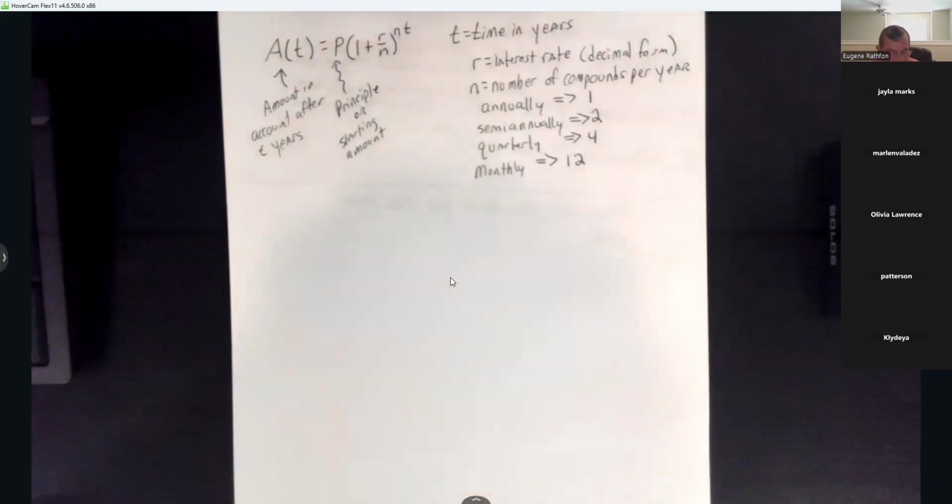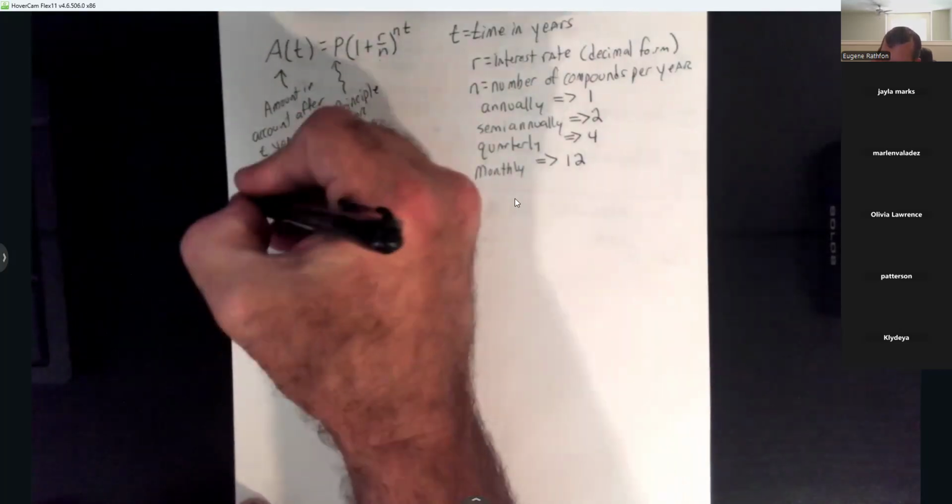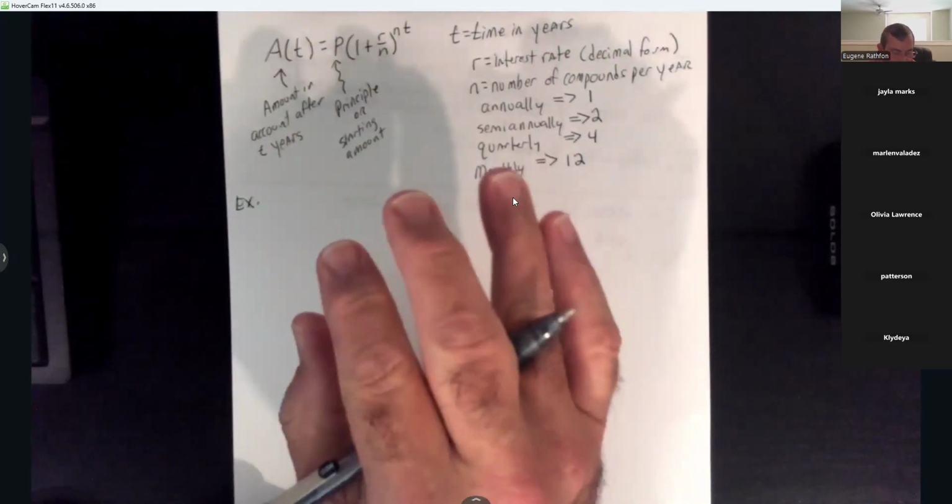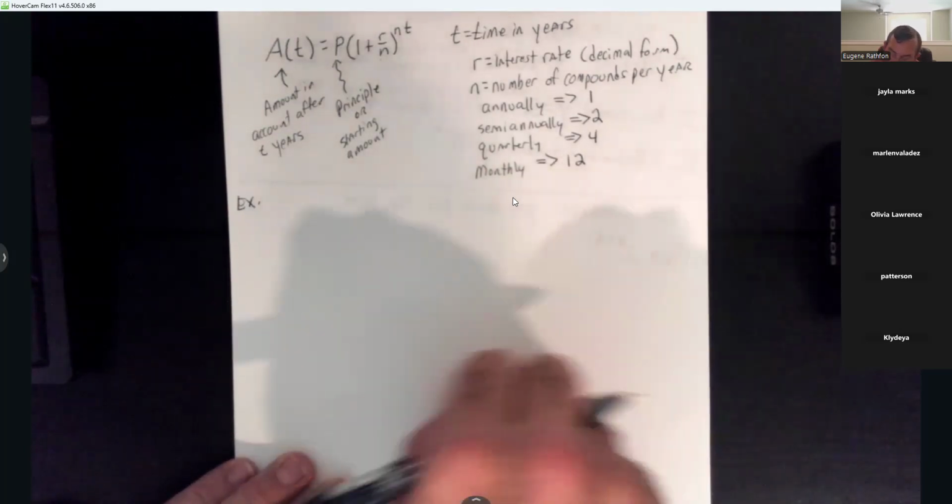So y'all, we're just going to be playing with this formula. And they got a couple of problems where we're playing with it, okay? So y'all, let's play with this one.